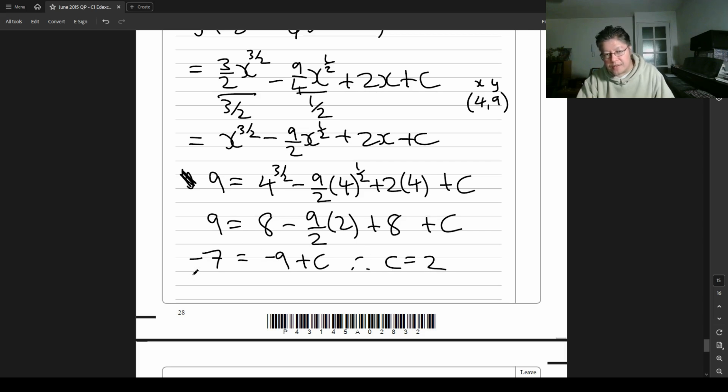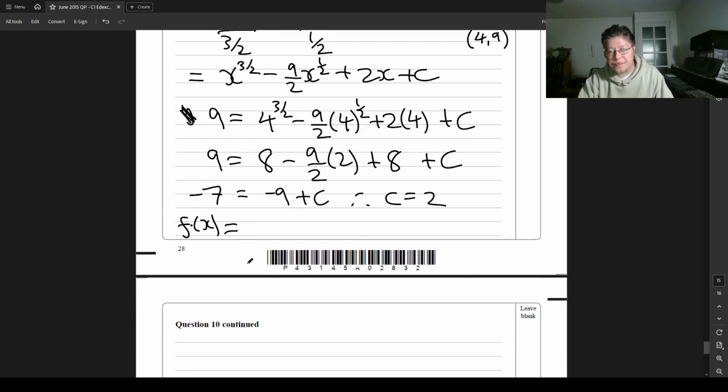So the final answer should be f of x equals x to the 3 over 2 minus 9 halves x to the half plus 2x plus c, which is a 2, plus 2.